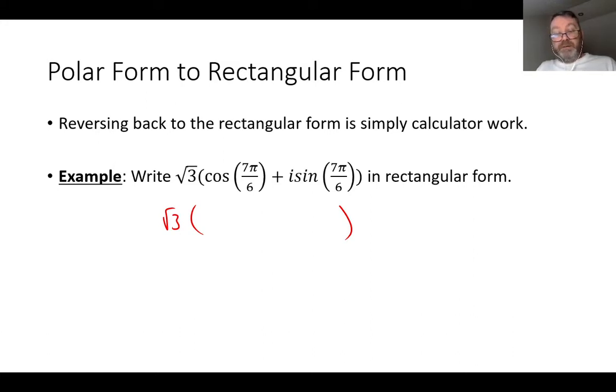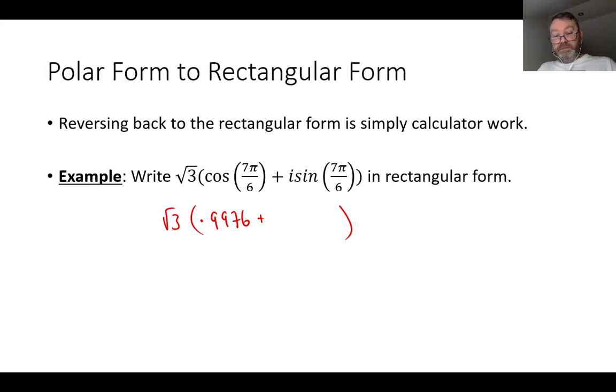Don't forget pi is shift, times 10, down there, and that comes out as 0.9976. Okay, plus i times the sine of 7 pi over 6. So we now want the sine of 7 pi over 6.